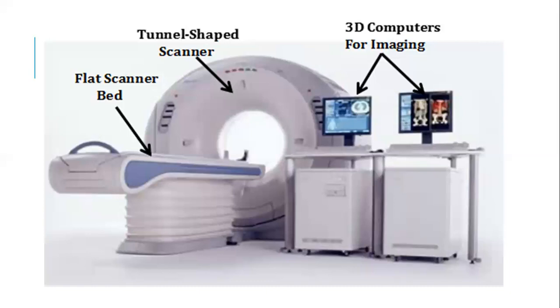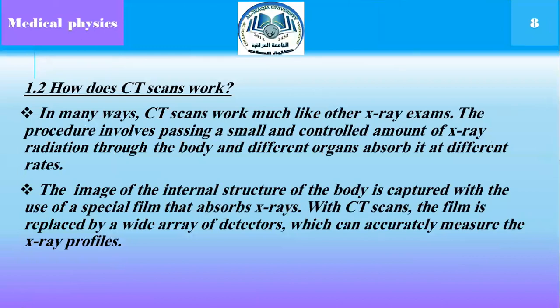How do CT scans work? In many ways, CT scans work much like other X-ray exams. The procedure involves passing a small and controlled amount of X-ray radiation through the body, and different organs absorb it at different rates.